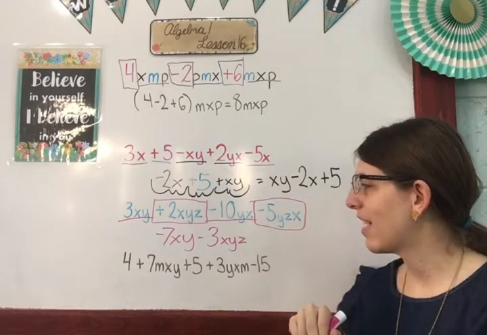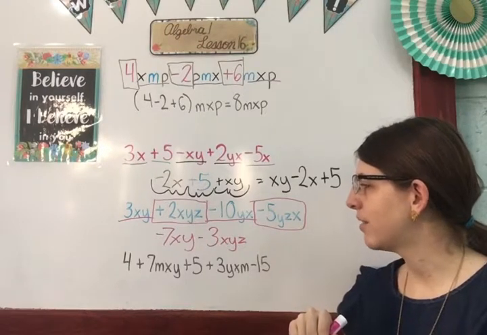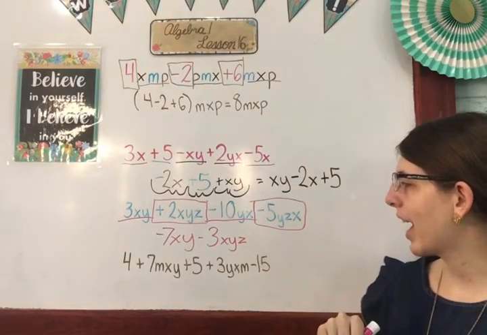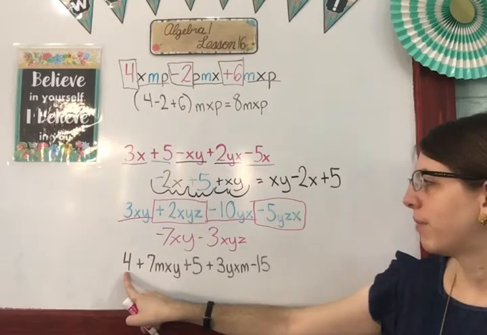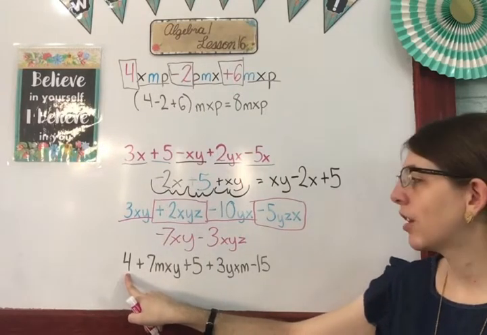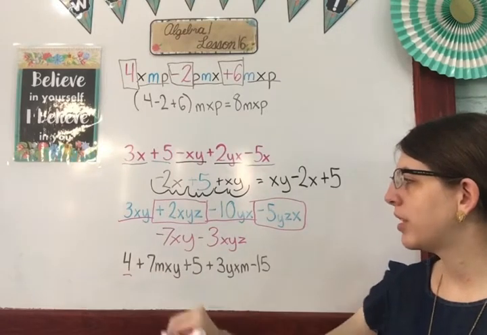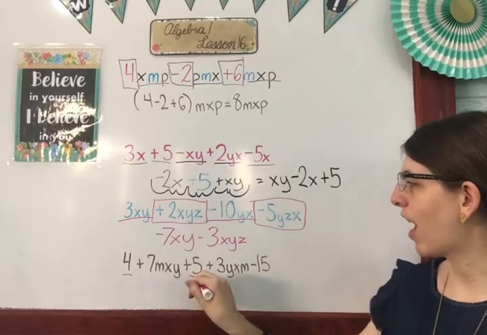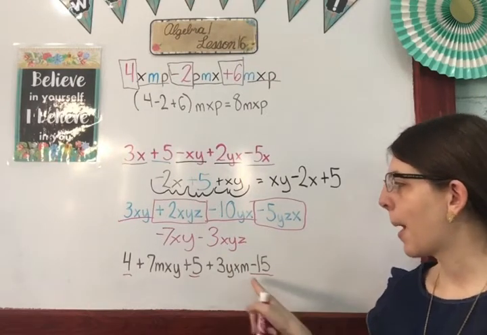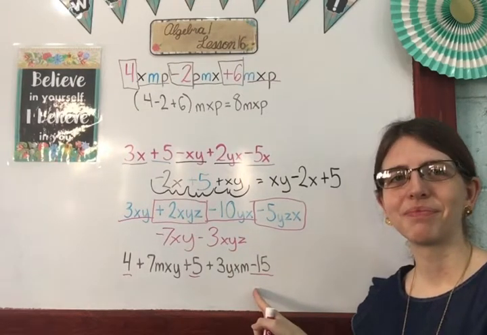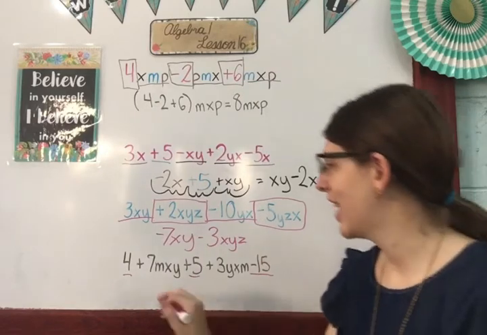4 plus 7mxy plus 5 plus 3yxm minus 15. All right, let's look at the 4. It has no variables, so the only terms that are going to be like terms are going to be whole numbers. So that would be 5 and negative 15. 4 plus 5 is 9, minus 15 is negative 6.